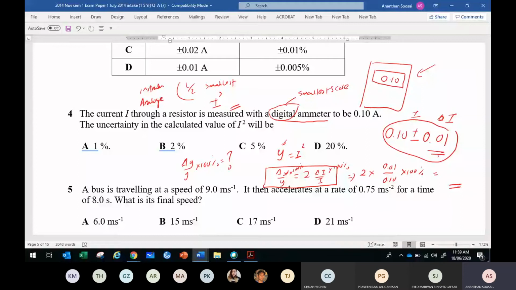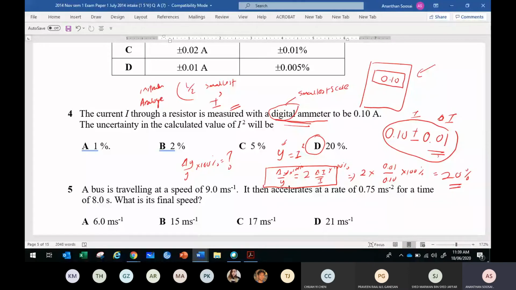So how much do you get? 1 over 10, 100 over 10, 200 over 10, 20. Is it 20%? Yes. So you got the idea? For any digital instrument, the uncertainty is the smallest scale.